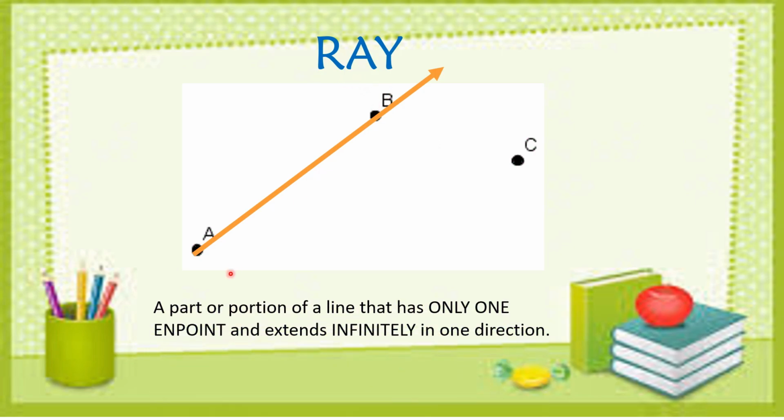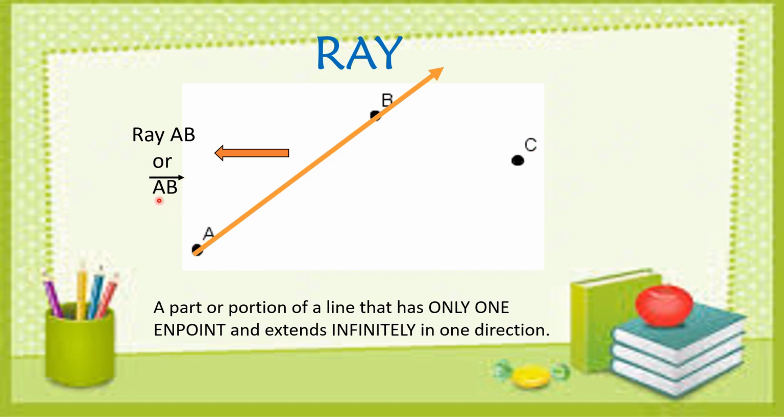Ray is a part or portion of a line that has only one endpoint and extends infinitely in one direction. This ray is named as ray AB or in symbol, two letters AB and with a short line with only one arrowhead. Take note that the letters cannot be interchanged.